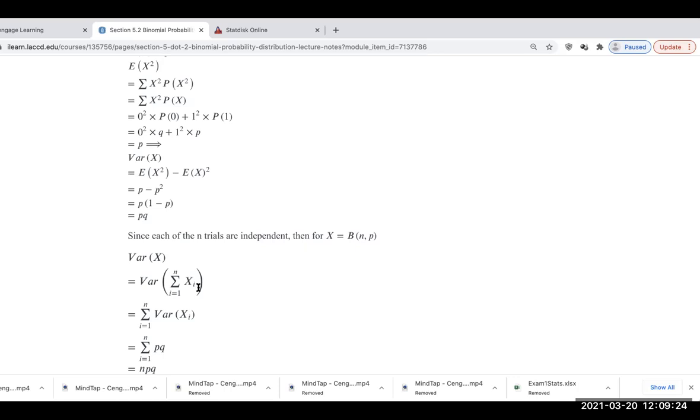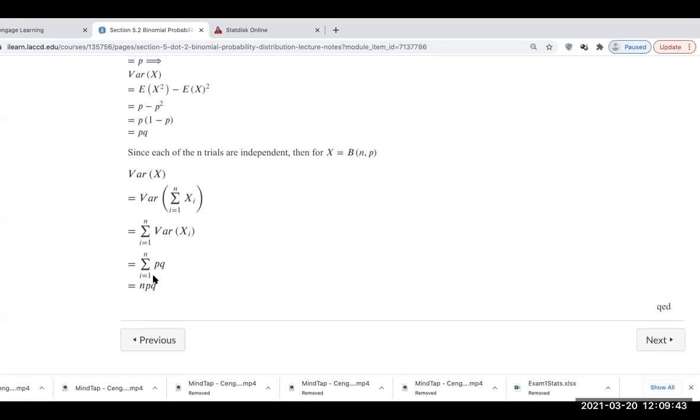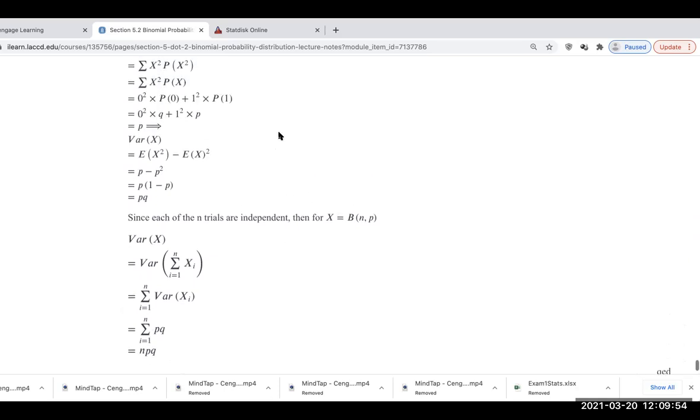It's easy to see that the variance of the sum of n independent random variables is the sum of their variances. But the variance for each trial is PQ. Since these are constants, I'm adding up PQ plus PQ plus PQ, n times. And so it's just NPQ. And that's what I wanted to show.